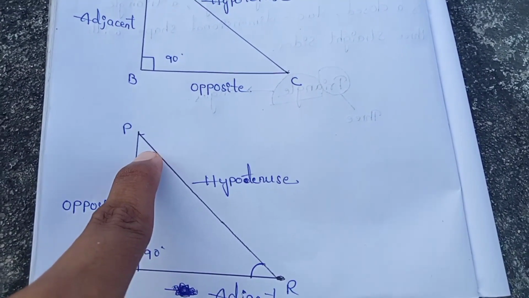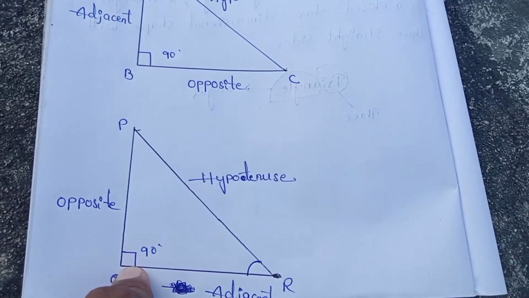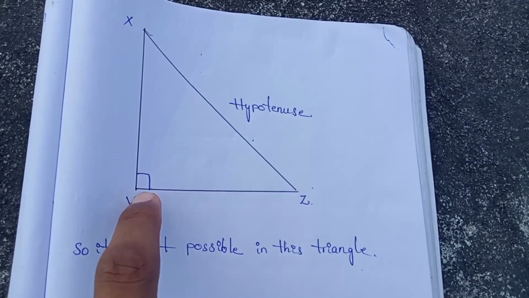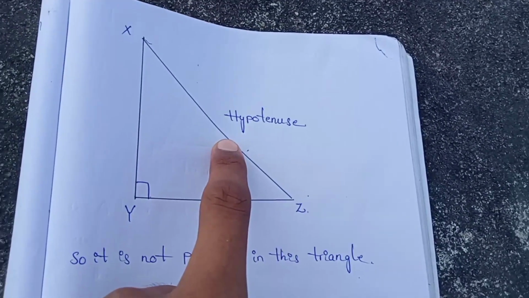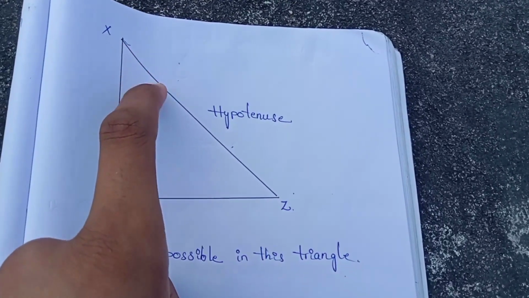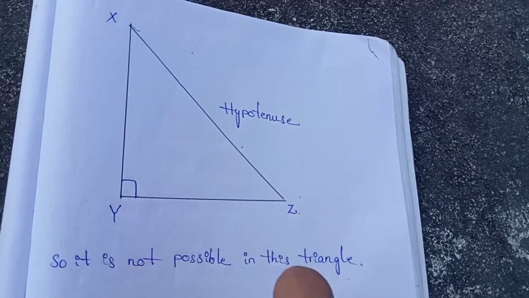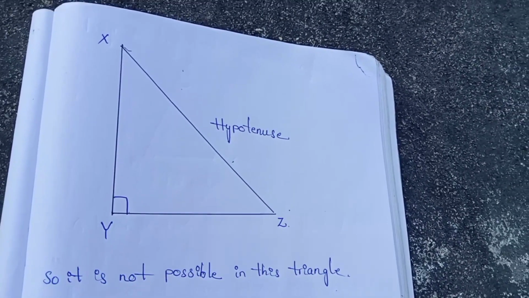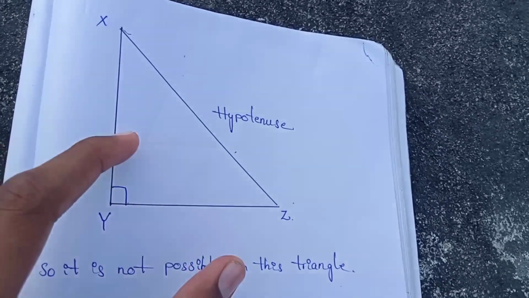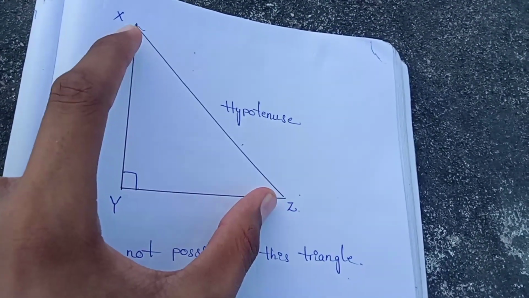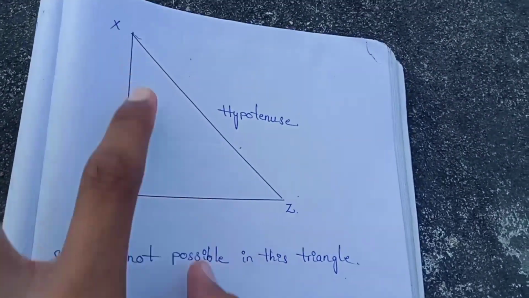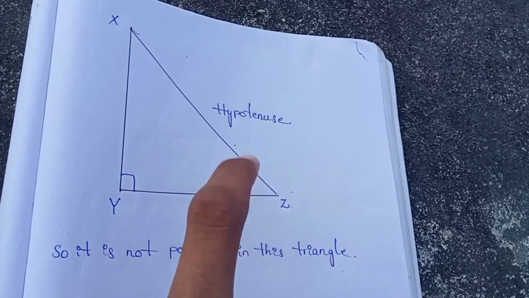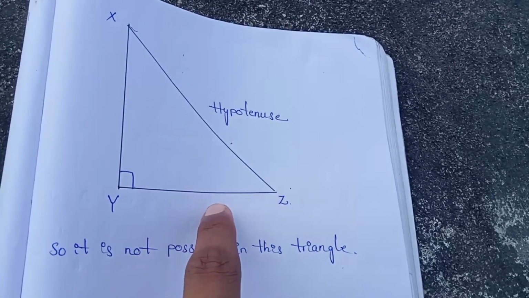We completed this part and this part. Now we will take this part: X, Y, Z. When we take this side as opposite, we know that in a triangle the largest side is the hypotenuse, but this side is the hypotenuse. So it is not possible in this triangle. For X, this is the opposite, this is the adjacent and this is the hypotenuse. For Z, this is the opposite, this is the adjacent and this is the hypotenuse.